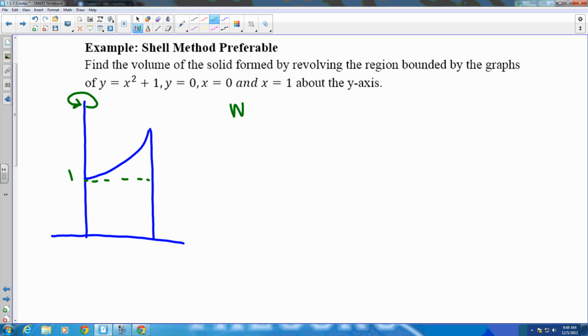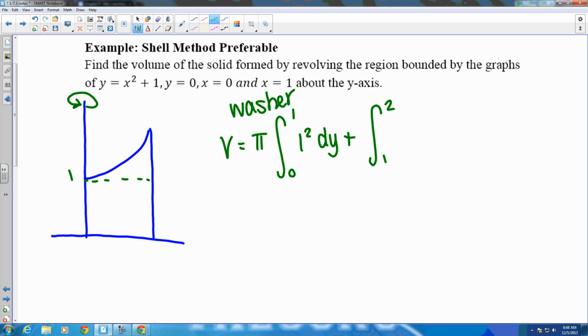We did the washer method, and we split it up into two different ones. We went from 0 to 1, and that was just the disk. And then we did the top half, which was the actual washer. We changed it into the y terms.